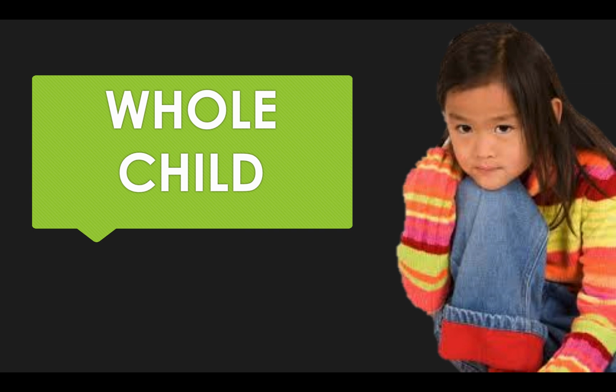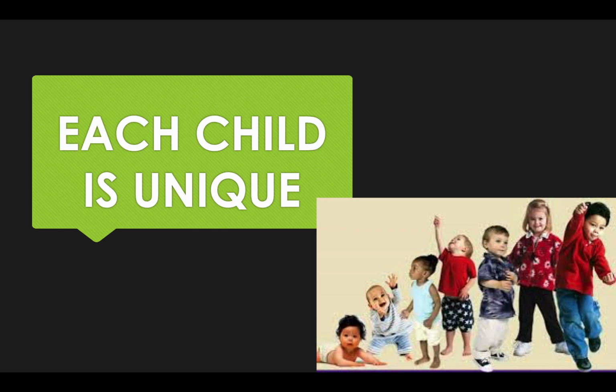Even so, all of these areas are intertwined. Delays in one area may affect another area. We want to make sure that we look at the child as a whole child, not separating them into different areas of development. We also need to be able to talk to a child's family about these domains of development and let them know that we look at their child as a whole child.